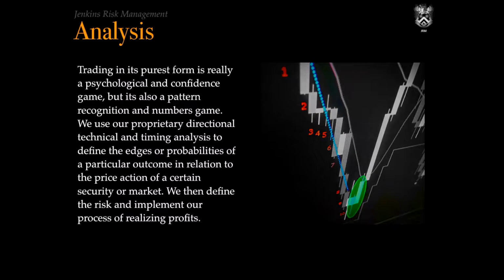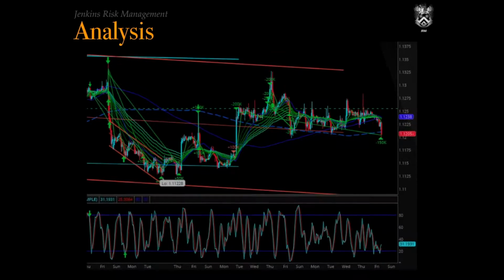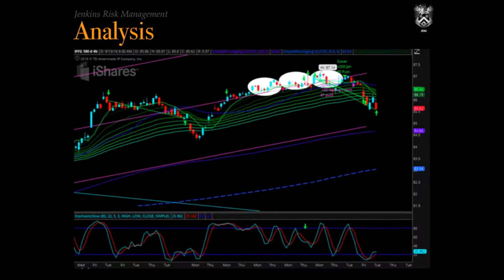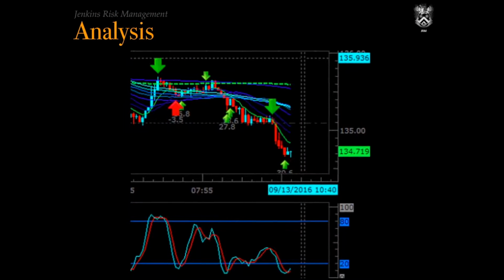And again, we're doing this across multiple asset classes, from the currency markets, some most recent trades on the euro, to individual stocks, to the bond market. There's an example of high yield bonds, trading puts on volatility ETFs, the pound versus the yen. So it's all the same process.